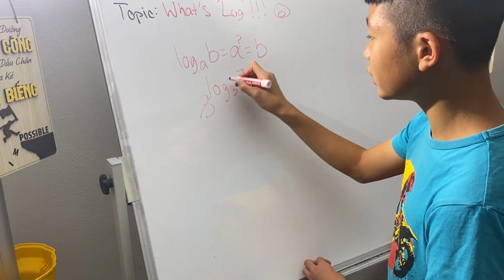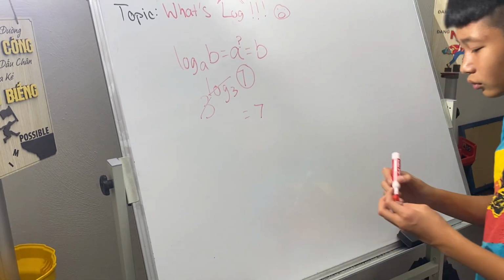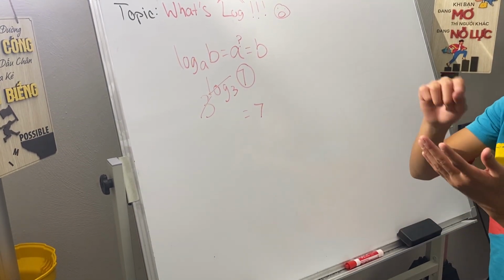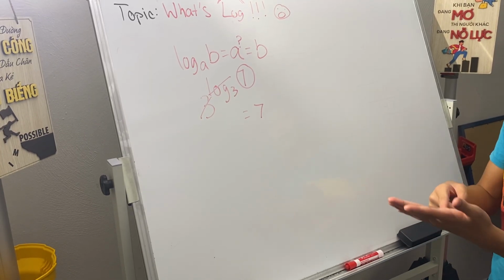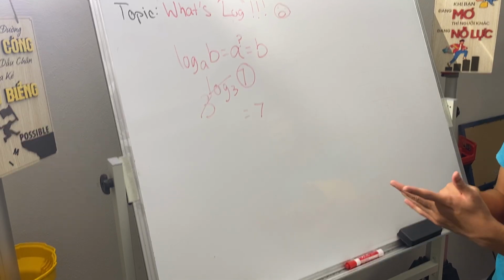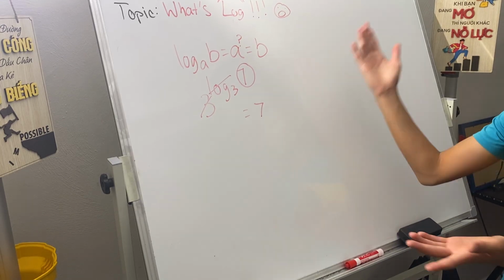So this and this cancel, so it'll leave you the answer with 7. That's it. So basically, 3 to the what equals 7? So x is equal to 7. Technically, x equals something, then you raise 3 to it again, just the same thing.